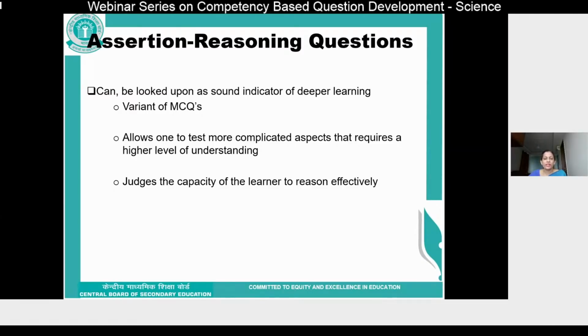Learners need to determine whether each statement is correct. If both statements are correct, they must determine whether the reason correctly supports the assertion, as well as 4 choices. These 4 choices are given consistently for all the assertion reasoning questions. Generally 4 to 5 assertion reasoning questions will be given. That means the percentage is very low.